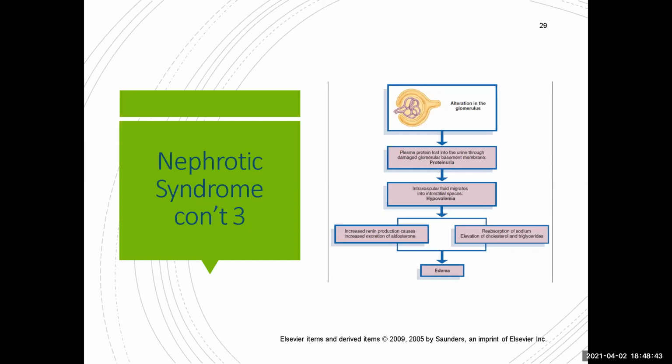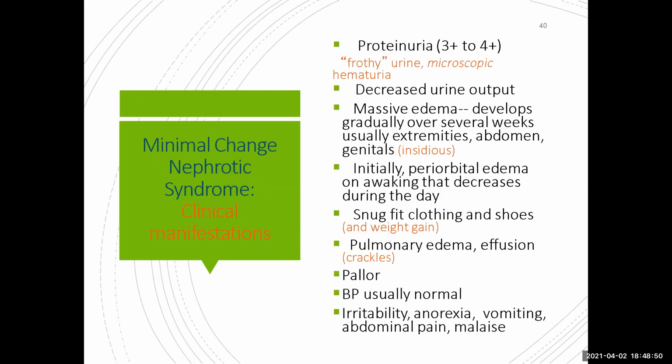The urinary loss of proteins that inhibit coagulation also contributes to the risk of thrombus formation. So as Shannon pointed out, you already pointed out a lot of this. Protein in the urine, making the urine almost frothy looking.